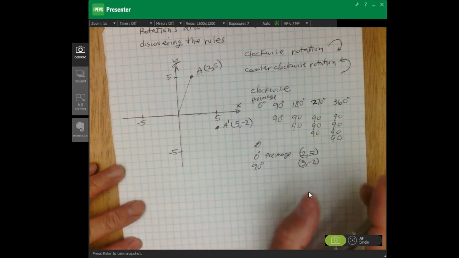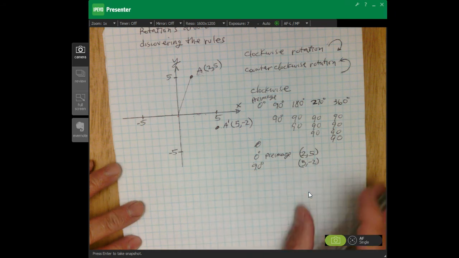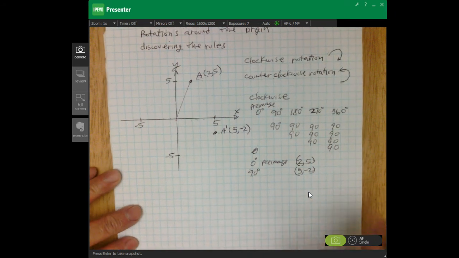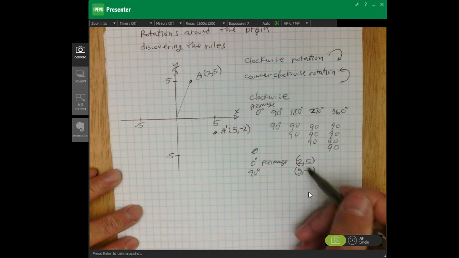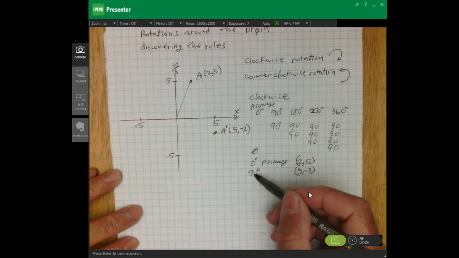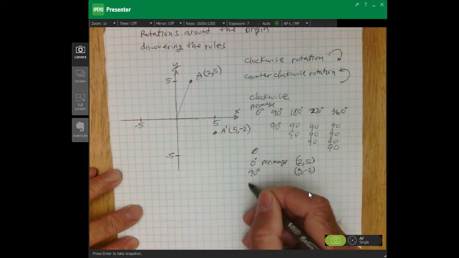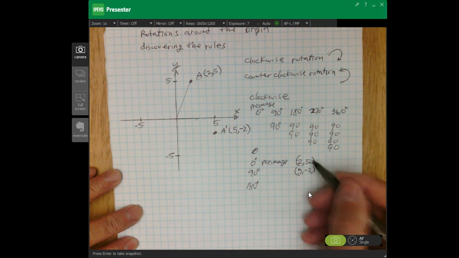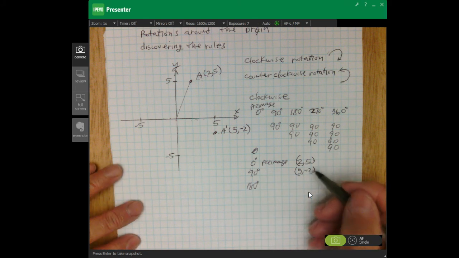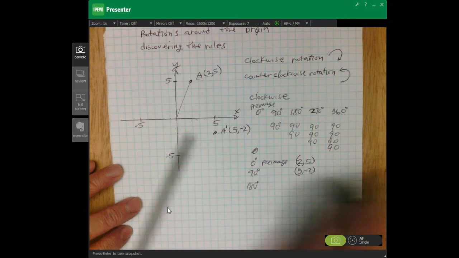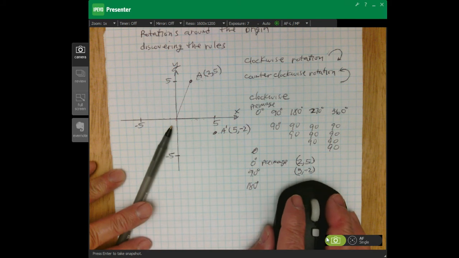And I want you looking for patterns in this, because this is how we're going to figure out what the rules are, is to look at the pattern. And so as we go from point to point, from 90-degree turn to 90-degree turn, after 90 degrees it'll be 180, I want you to see how it's changing. Along with how it's changing, you should be trying to see how it stays the same too.